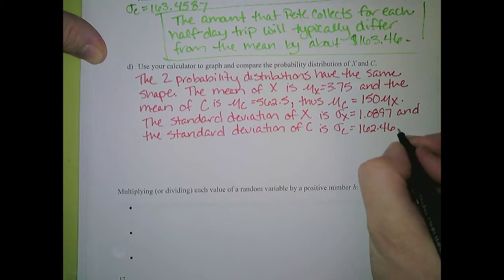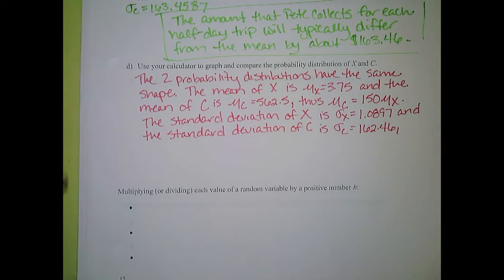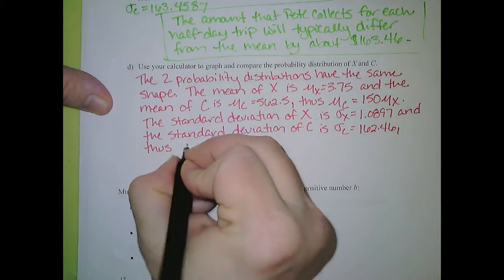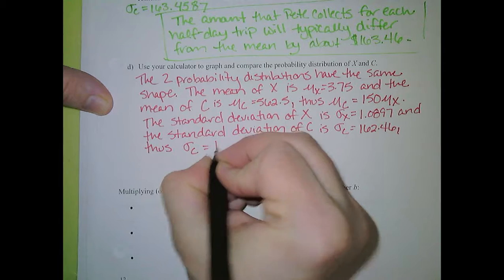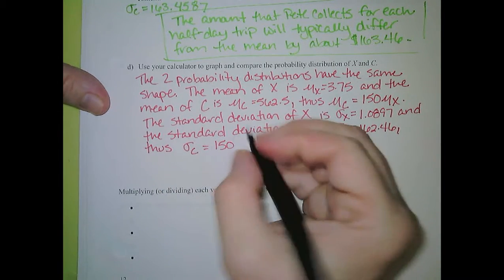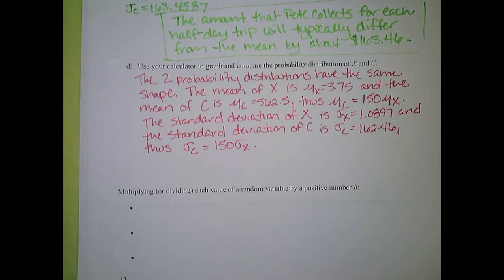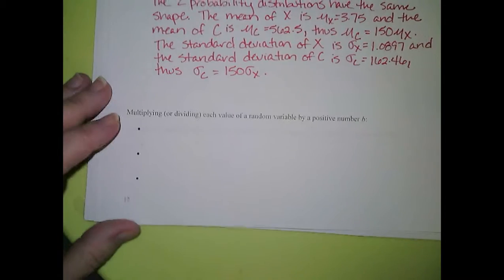And again, if you compared those, hopefully you were able to discover that the standard deviation of C was equal to 150 times the standard deviation of X. And hopefully you were able to use that information to come up with some rules for multiplying or dividing each value of a random variable by a positive number B.